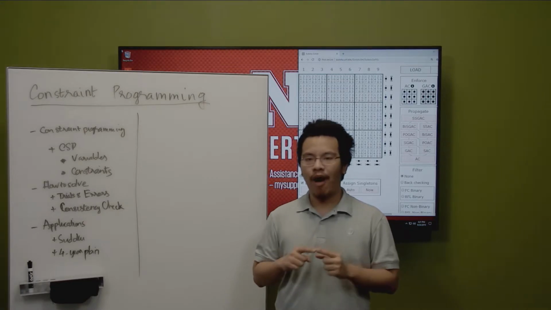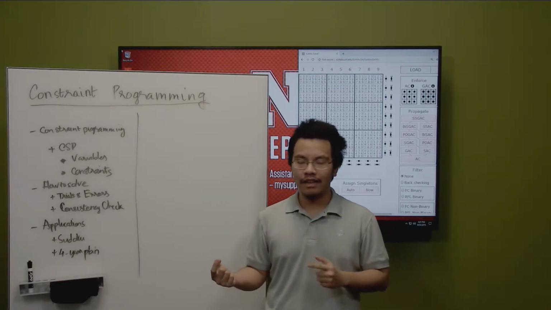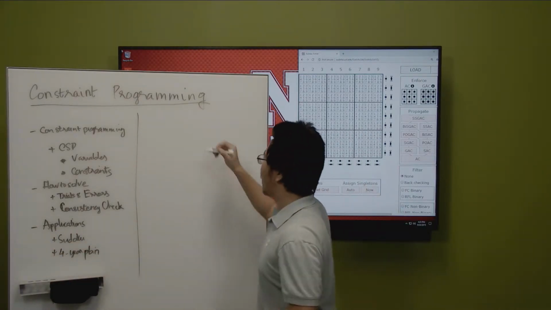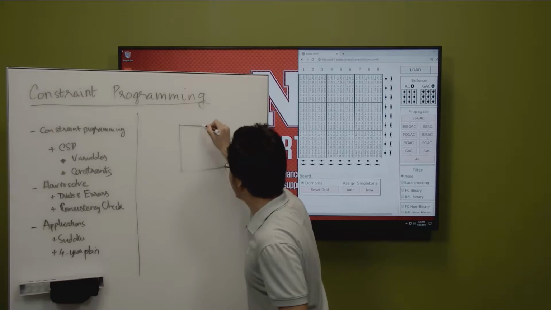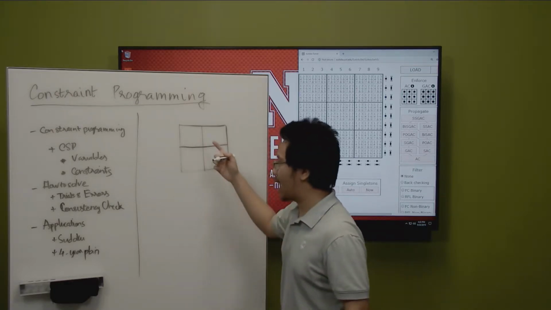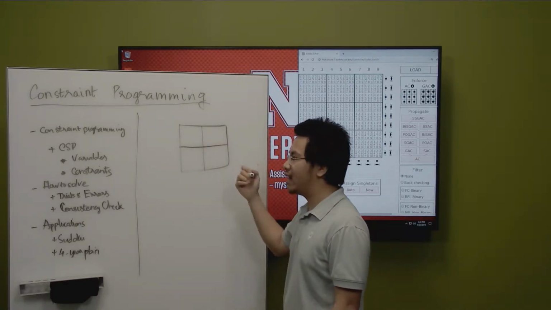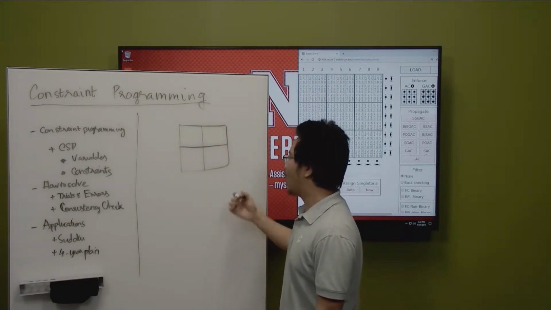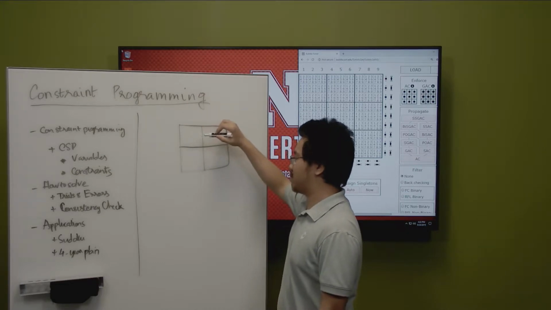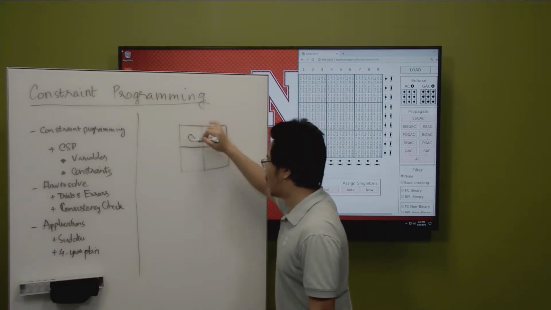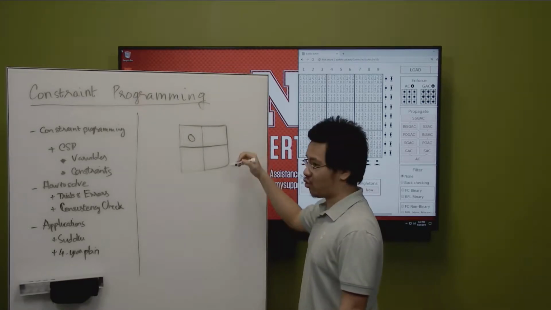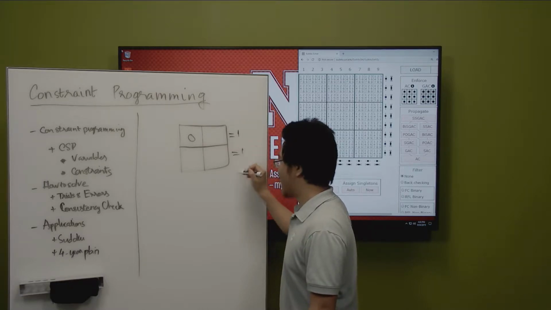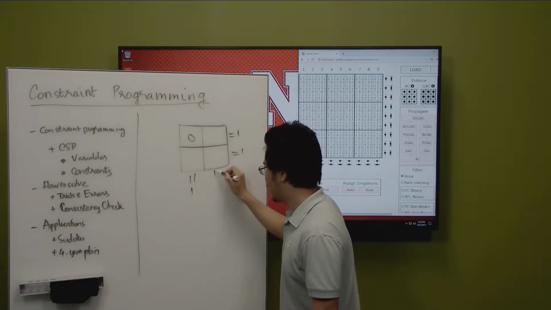To understand more about the CSP, let's take an example. Let's say we have a 2x2 matrix. Each cell can be either 0 or 1. And then we know that the top left cell is 0. Our job is to fill in the rest of the square so that the sum of the first row, the second row, and the sum of the two columns is 1.